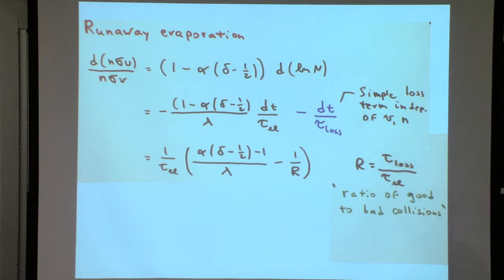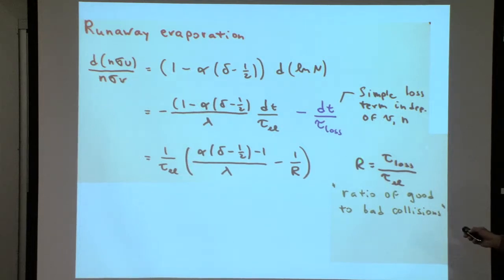And if I now introduce the famous ratio of good to bad collisions, good collisions are elastic collisions which drive evaporation. Bad collisions are collisions where atoms are just lost due to technical reasons and inelastic collisions.